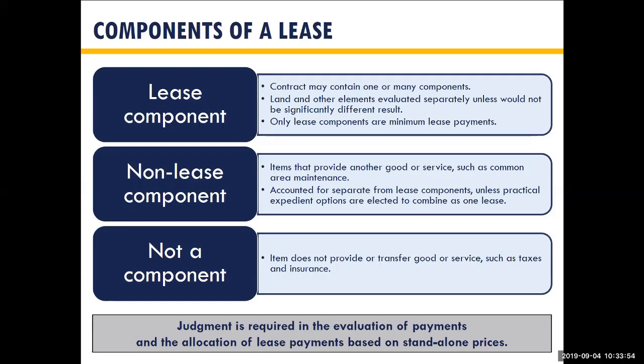If you were to separate those lease and non-lease components, being the printer and the toner and paper, you would have to have the standalone price for each of those to allocate between the two components within that agreement. So then you can value it correctly on your balance sheet.